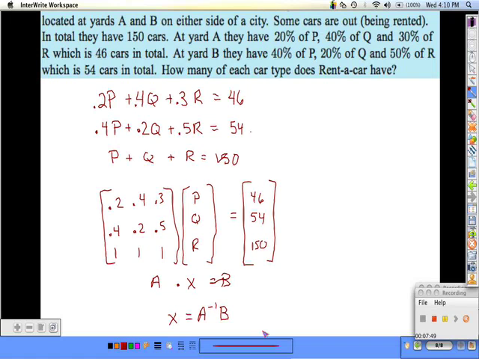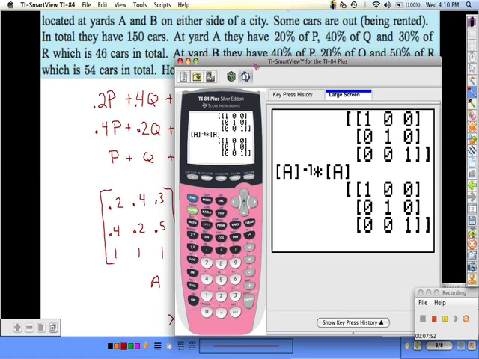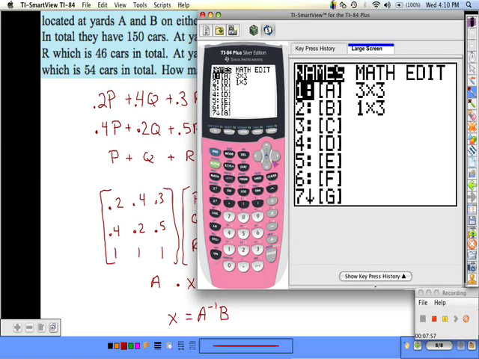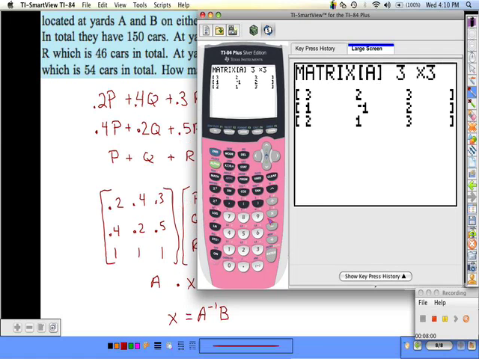So from here, I'm just going to go to my graphing calculator. And I'm going to edit matrix A. 3 by 3. And in go my elements.